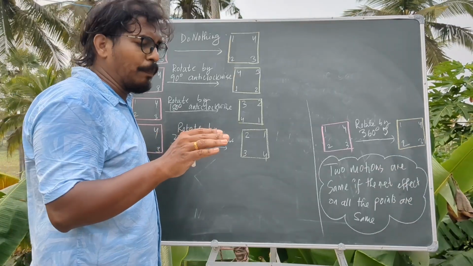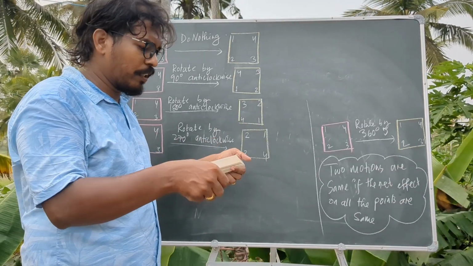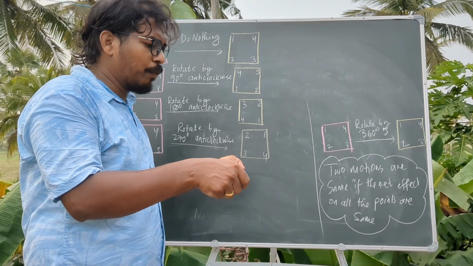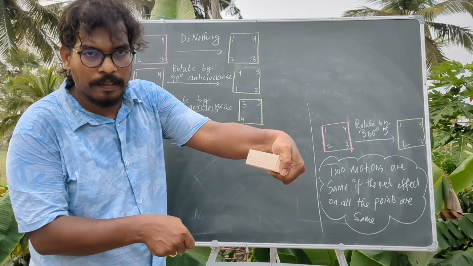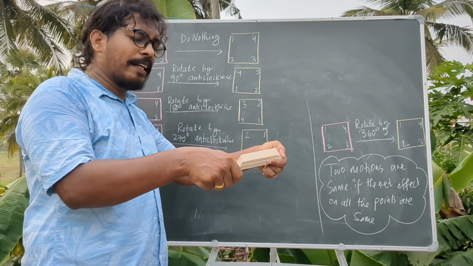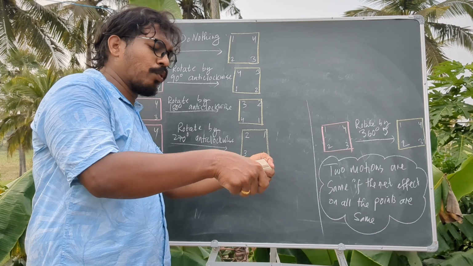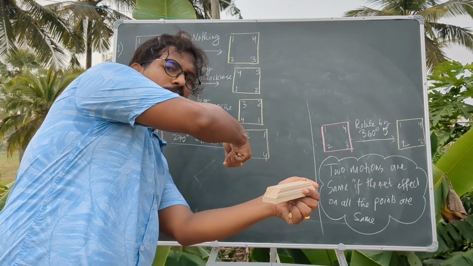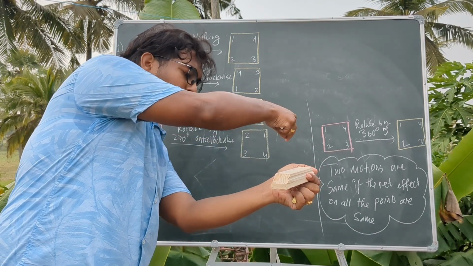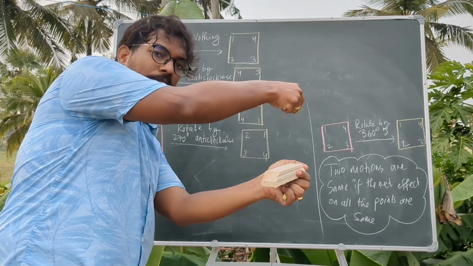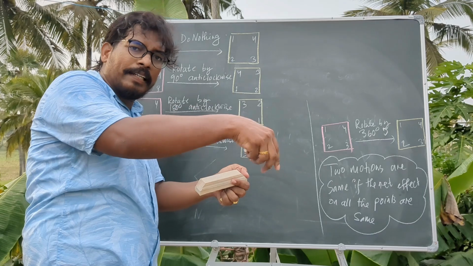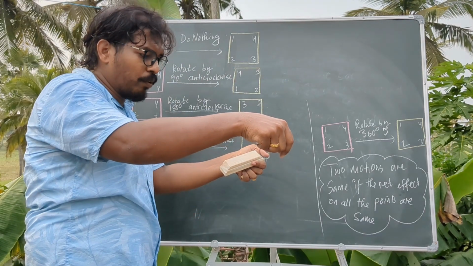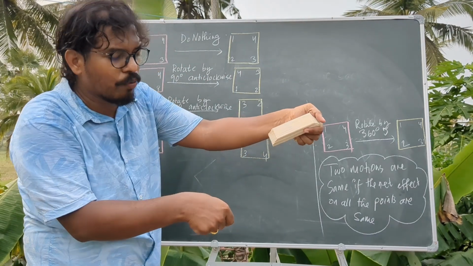So suppose this is one motion, I am moving the square by 90-degree clockwise, and this is exactly the same as rotating the square 270-degree anti-clockwise. The points of the square after 270-degree anti-clockwise are exactly in the same position as if I rotate the square 90-degree clockwise.